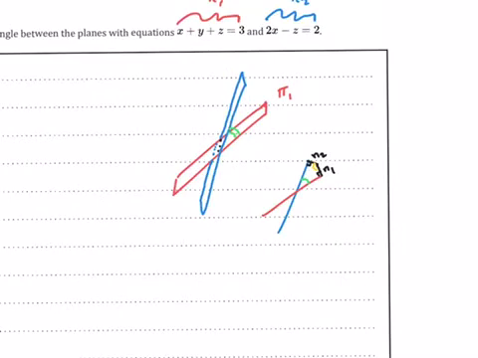The green and the yellow angle should add to 180. So if the yellow angle that you end up finding is obtuse, then you know that the green angle, the angle between the planes, will be acute. So you can just subtract 180 minus said angle.